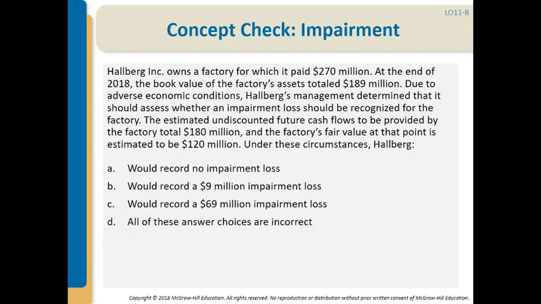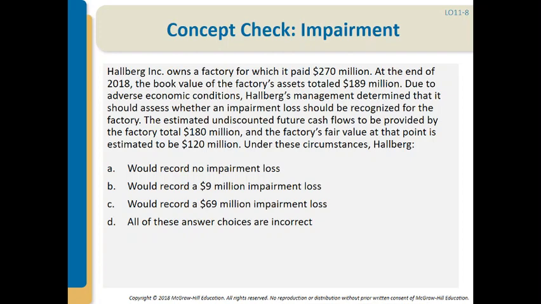The estimated undiscounted future cash flows to be provided by the factory total $180 million, so that's less than the book value. And the factory's fair value at this point is estimated to be $120 million. That's definitely less than the book value.